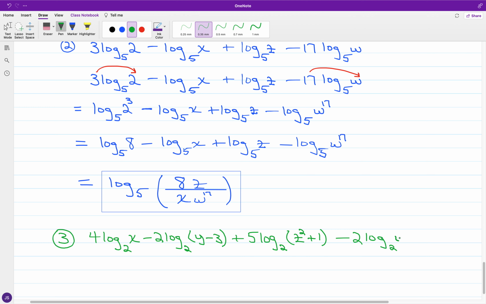A little bit of a different layout, but all these terms are in the logarithmic base 2. And let's see what we get as a single base 2 logarithmic expression.